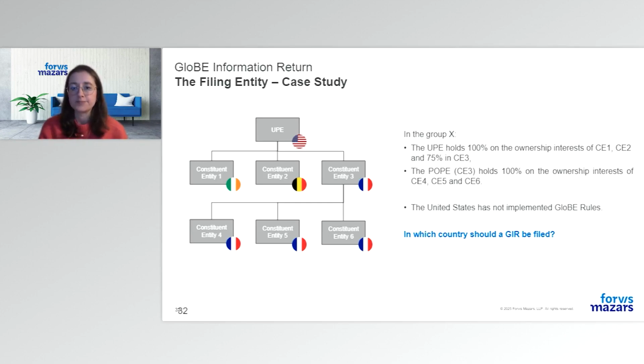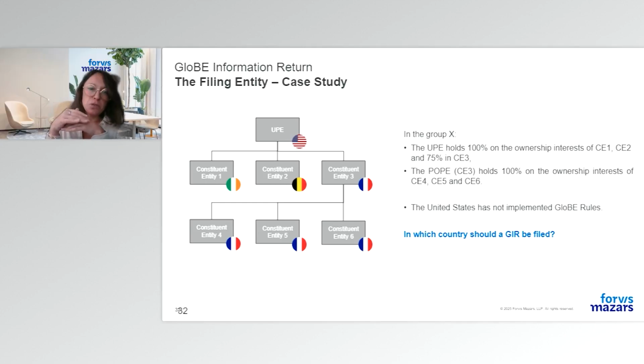And maybe I would add that it may be beneficial to select a jurisdiction with the highest number of qualified competent authority agreements signed to reduce the number of GloBE information returns that need to be filed. For example, the French tax authorities will publish in the coming months the list of jurisdictions with which France has signed qualified competent authority agreements in order to have a clear view on the compliance requirements.